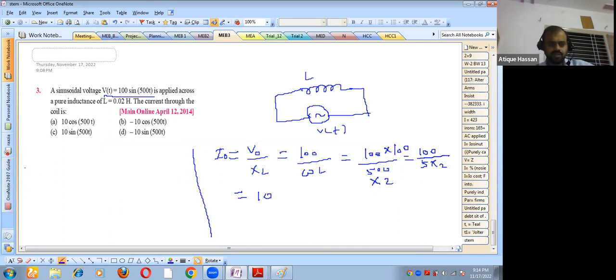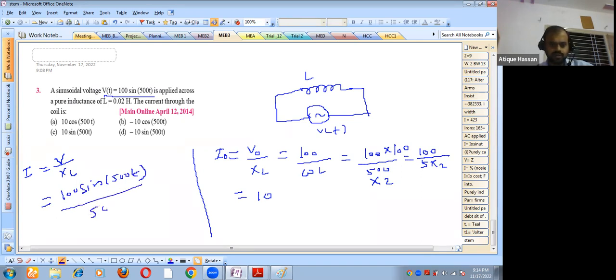We can also do it like this, right? I is equal to V by R, that is V by XL. V is given as 100 sine 500t. Getting my point? So what is XL?